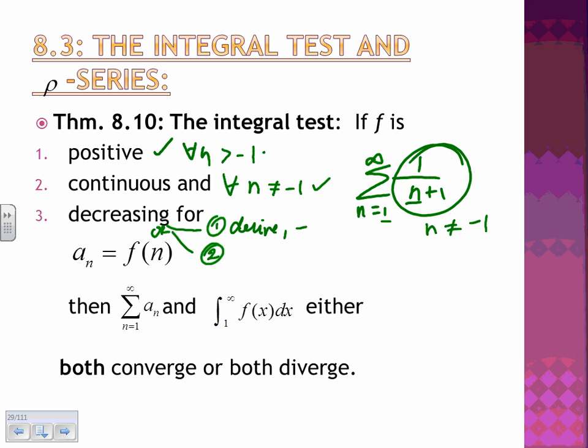So that's one way to show it's monotonic, or decreasing. What's the other way? If something is decreasing, then the next term is always what? Less than. So we could say that the next term is less than or equal to the previous term. So we could use either one of those 2 options, whichever way you like.